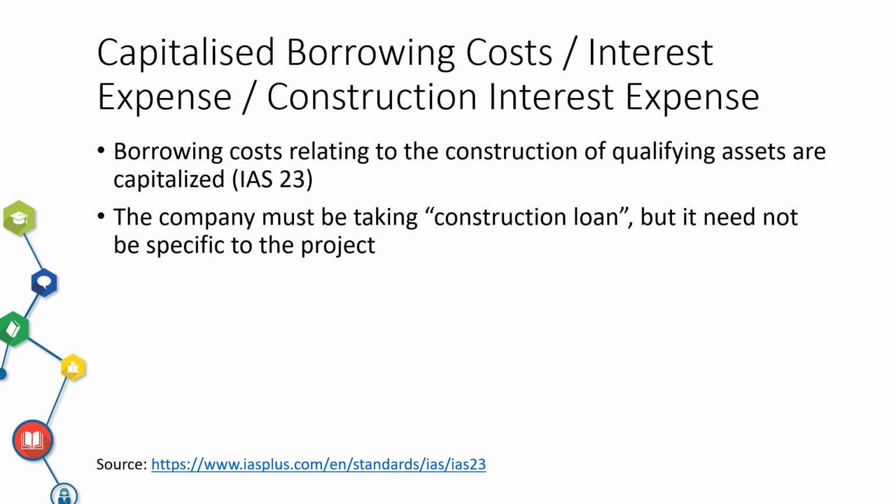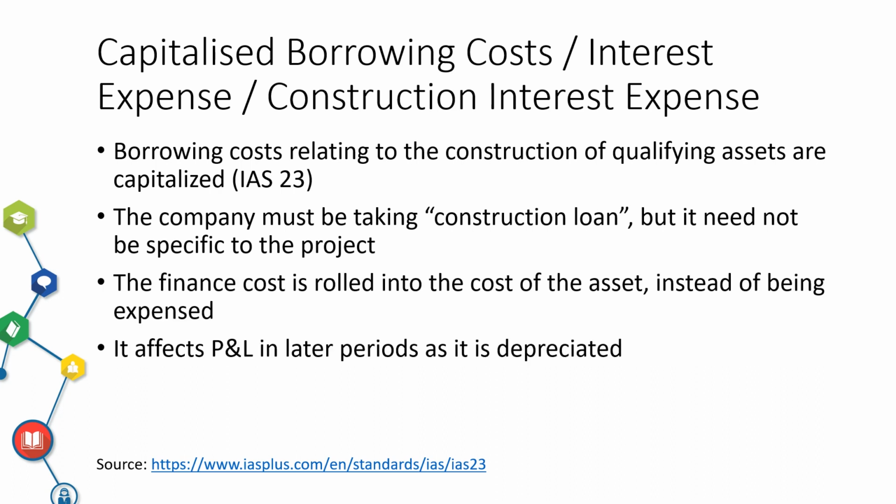How does finance cost get capitalized into an asset? The finance cost is rolled into the cost of the asset so that the interest is not recognized in the current period as interest expense. It is now a fixed asset and is included in the depreciation of the long-term asset.